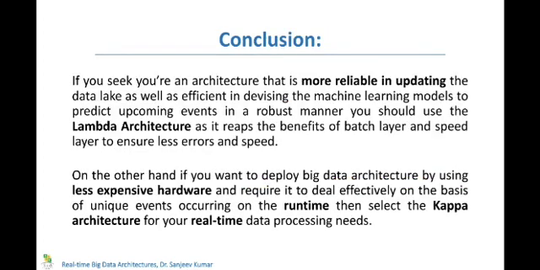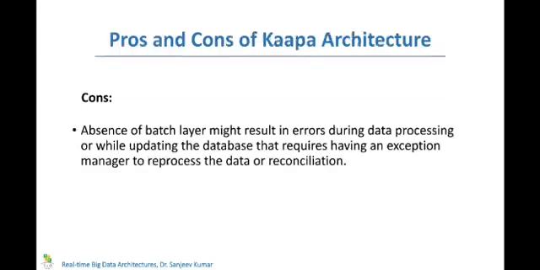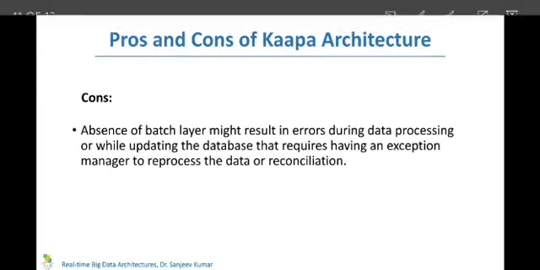And what is the conclusion after you have seen the Kappa architecture and the Lambda architecture? If you want an architecture that is more reliable in updating the data lake, as well as efficient in devising machine learning models to predict upcoming events in a robust manner, you should use the Lambda architecture, as it reaps the benefit of the batch layer and the speed layer to ensure fewer errors and more speed.